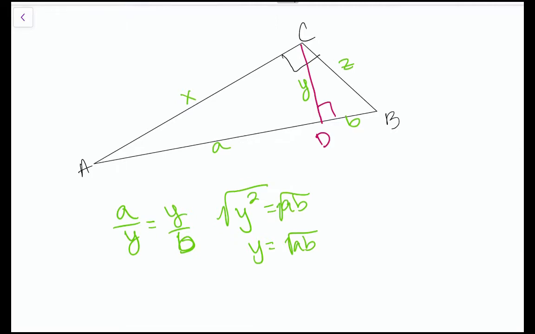Now the next relationship is that Z is the geometric mean. So I'm going to start my proportion with, notice that the geometric means are across from each other. They're the cross products.